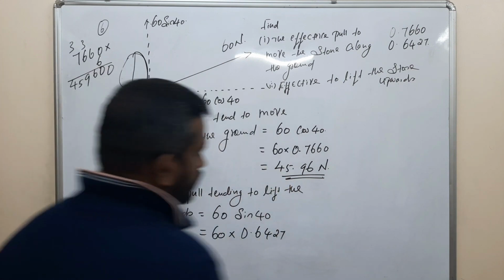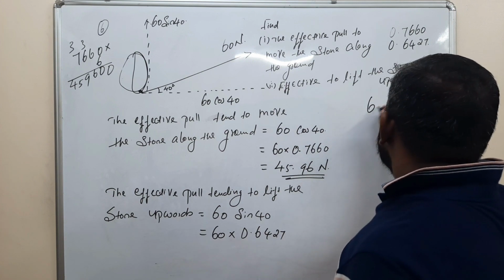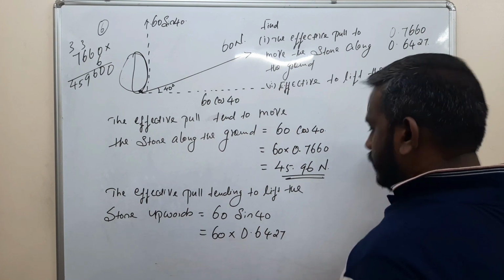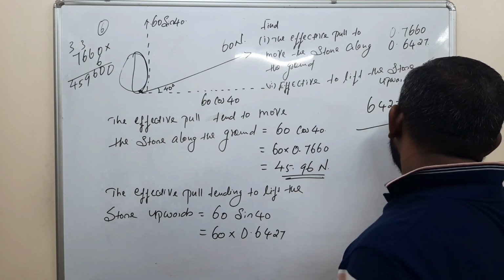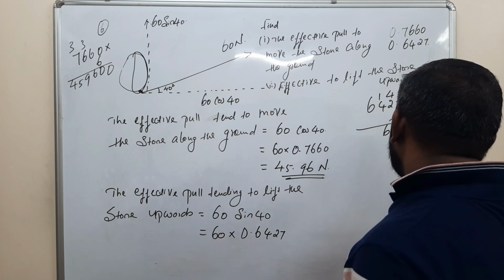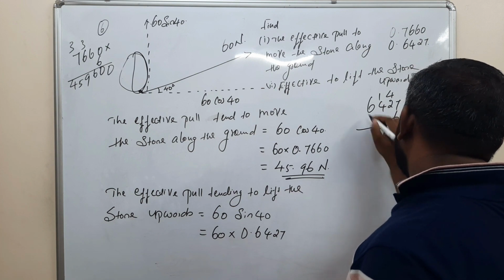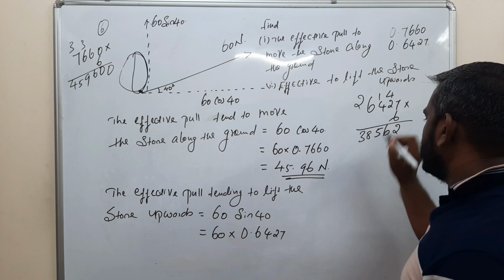So 6427 into 6: 42, 4, 12, 4, 16, 6, 1, 24, 25, 5, 2, 36, 38.